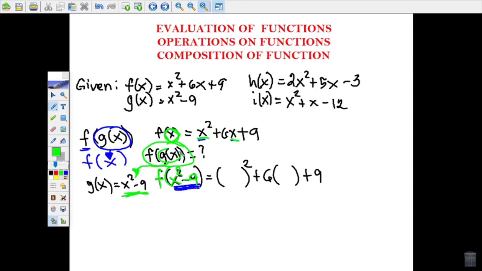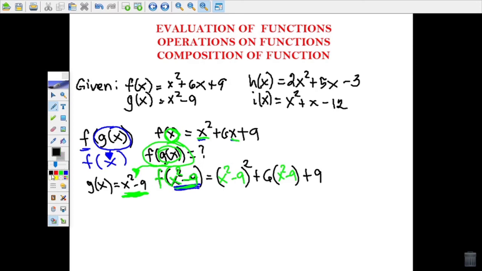So, yung nasa gitnang g of x, palitan natin ng x squared minus 9. Kaya siya naging f of x squared minus 9. Okay? So, here, since yung loob ng f ay x squared minus 9, palitan na lang natin dito, x squared minus 9. Then here, x squared minus 9.